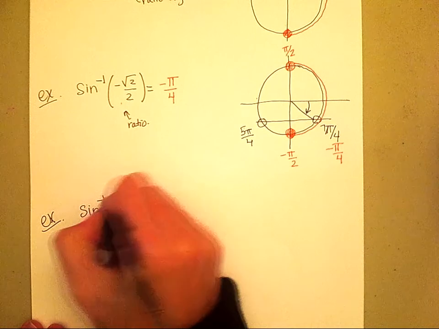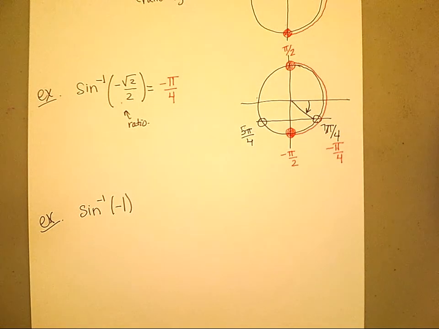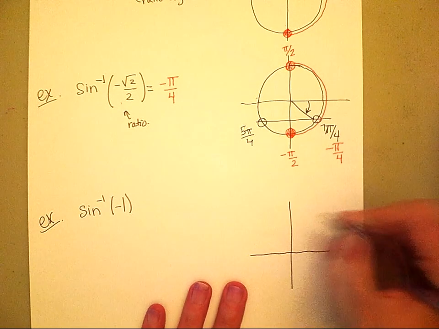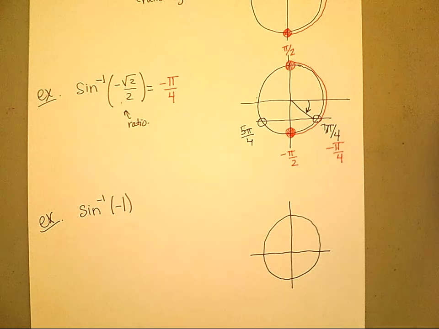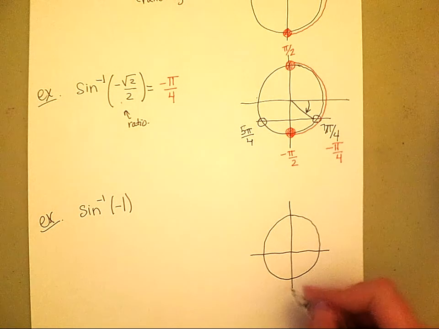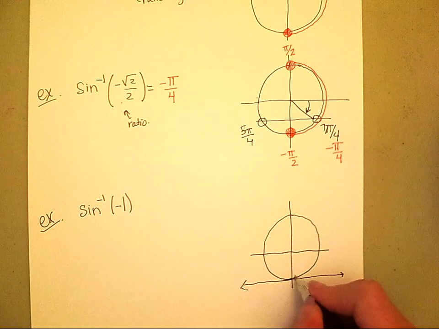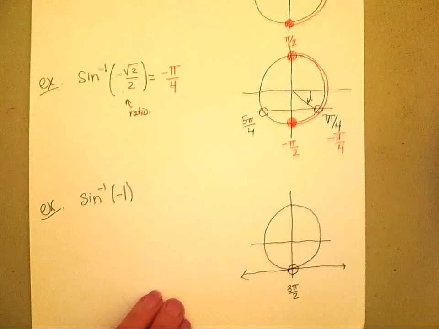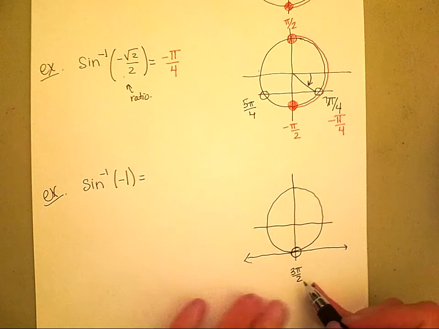For example, let's try the inverse sine of negative 1. That is, tell me the angle whose sine is negative 1. I'll give you just a minute. So with the inverse sine, tell me the angle whose sine is negative 1.